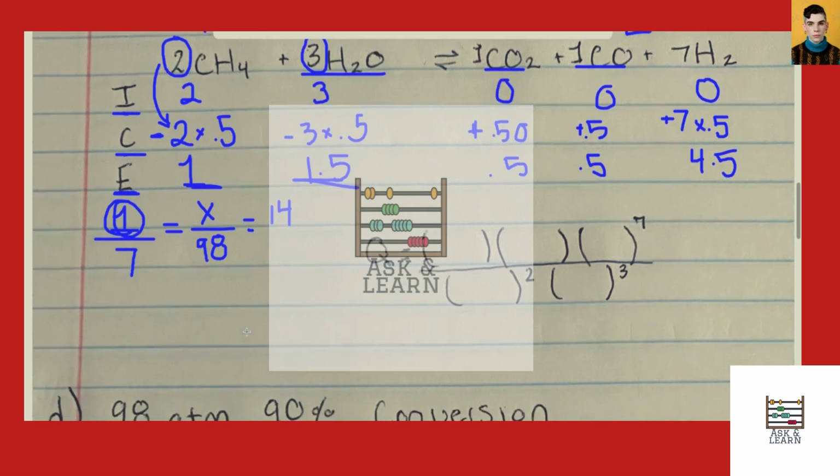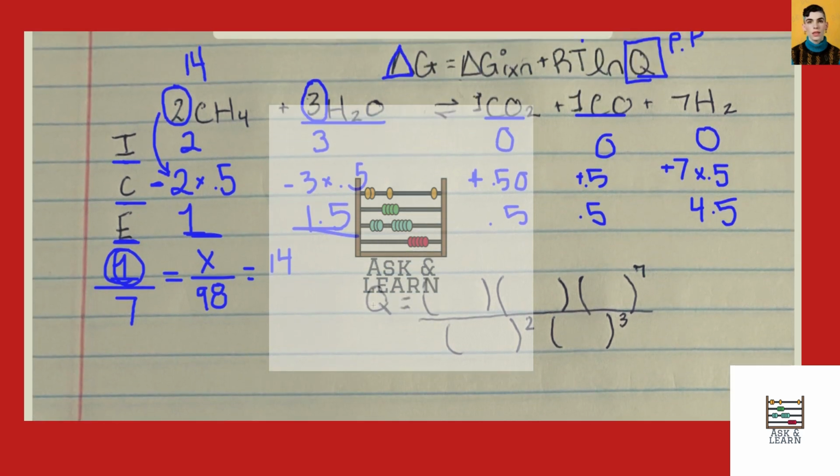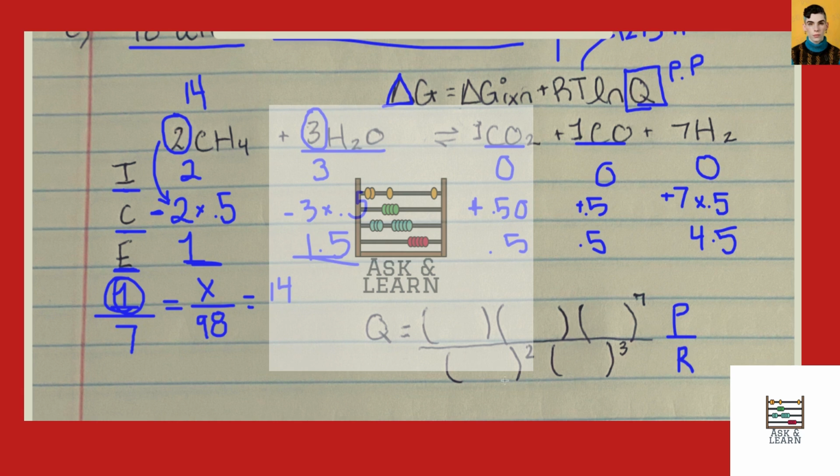Great. So then we're going to find our reaction quotient using our partial pressures. Our reaction quotient is products over reactants, raised to their coefficients. So for CH4, which will be on the bottom here, its coefficient is 2. We know it has a partial pressure of 14. For H2O, it has a partial pressure of 21.